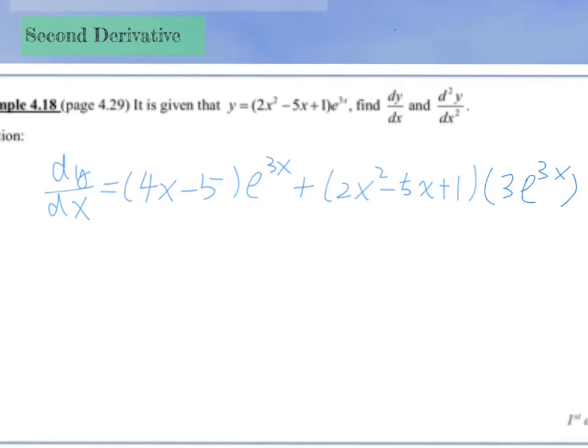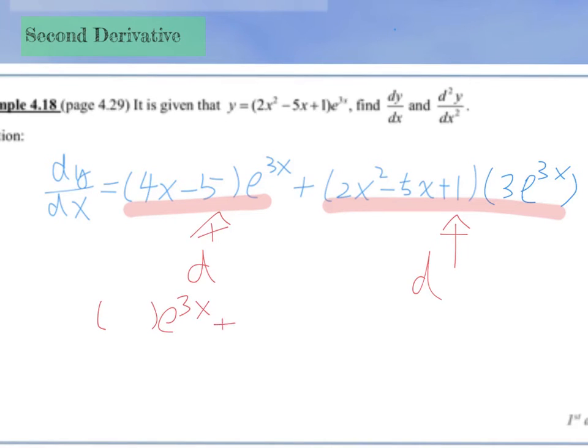So there are two options. Option 1, differentiate using the product rule like this. That means we differentiate these two, and then you will get the derivative of 4x minus 5 times e to the power 3x, and then plus 4x minus 5, and then do it in this format for 2 times.